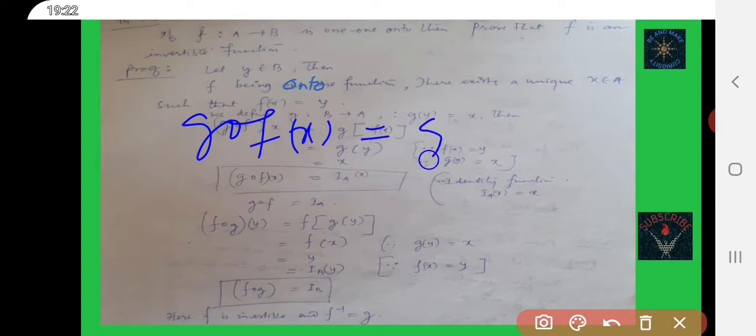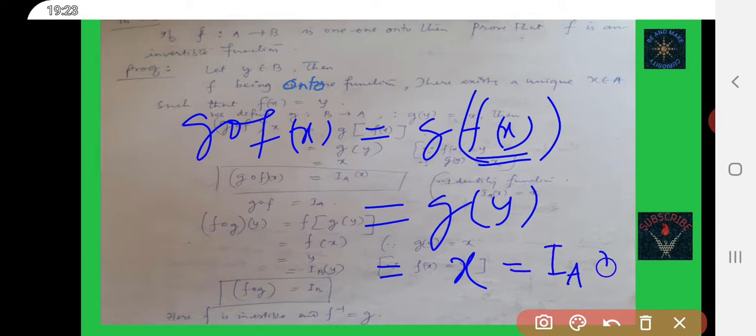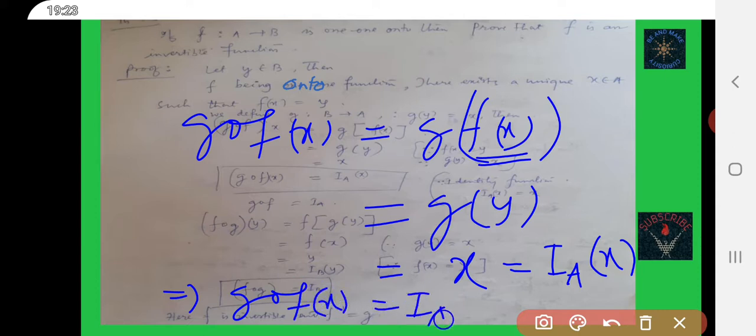Here f of x is y and g of y is x, as we have already defined, and this can be written as I_A of x. So here we find g∘f is equal to I_A.